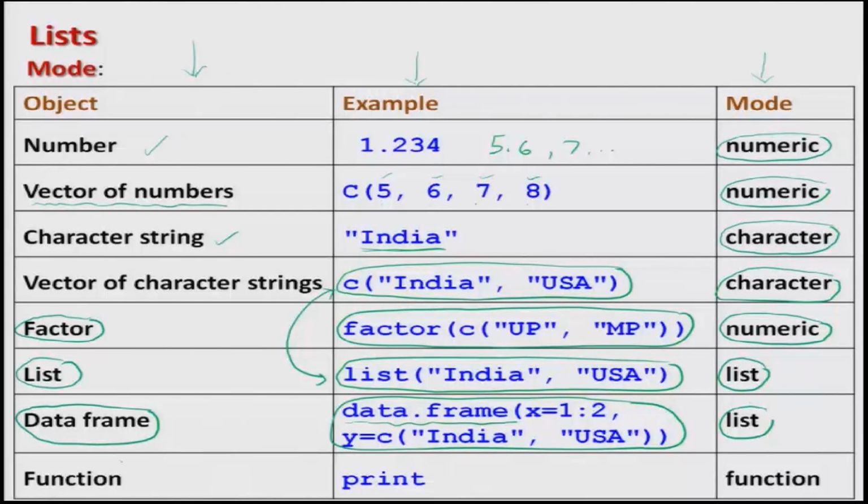Another object is a function. We already did functions in the initial lectures, and we used one function there, print, which was used to display the output, any number or character. And if you find the mode of this function, then it is a function.